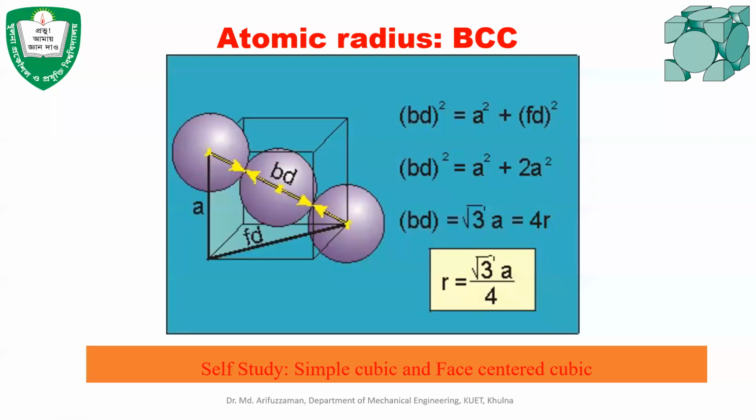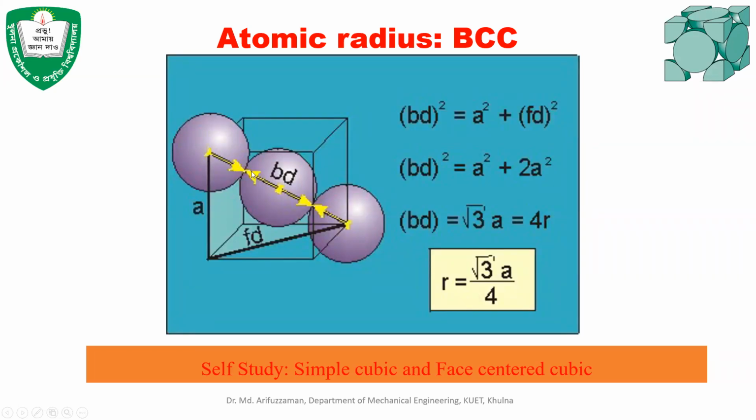Okay, so for the atomic radius of the body-centered cubic structure, how do you calculate it? In this case, consider the 3 atoms along the diagonal of the cube.